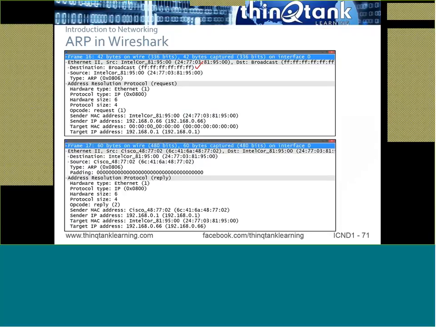The other thing that's important to understand, look at the type field for ARP. The type field is 0806, which means that ARP is its own layer 3 protocol. It is not carried inside of IP. It is literally its own layer 3 protocol.